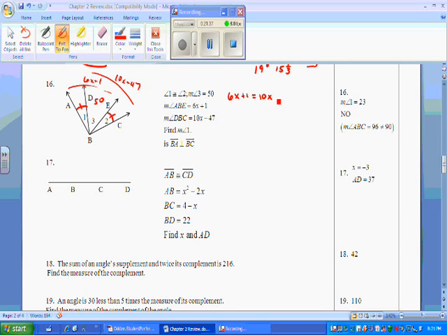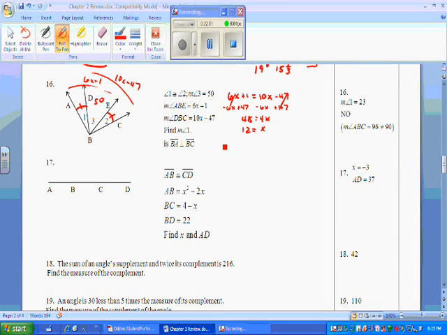So we can say that 6x plus 1 is equal to 10x minus 47. Subtract the 6x this way, add the 47 the other way, so we get 48 is equal to 4x. So x equals 12. We want the measure of angle 1.